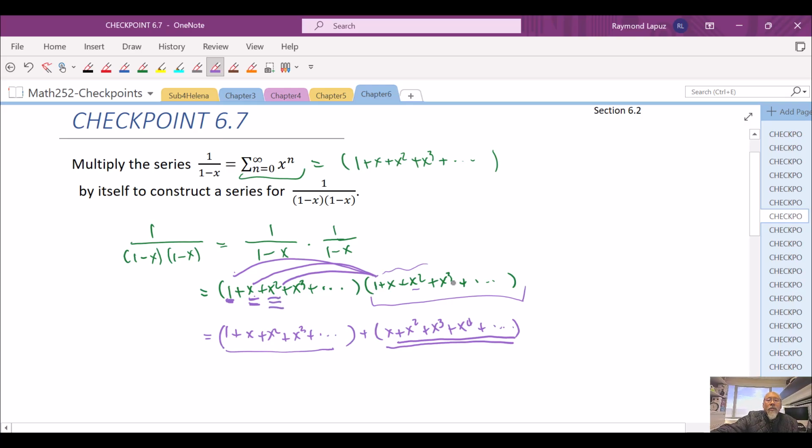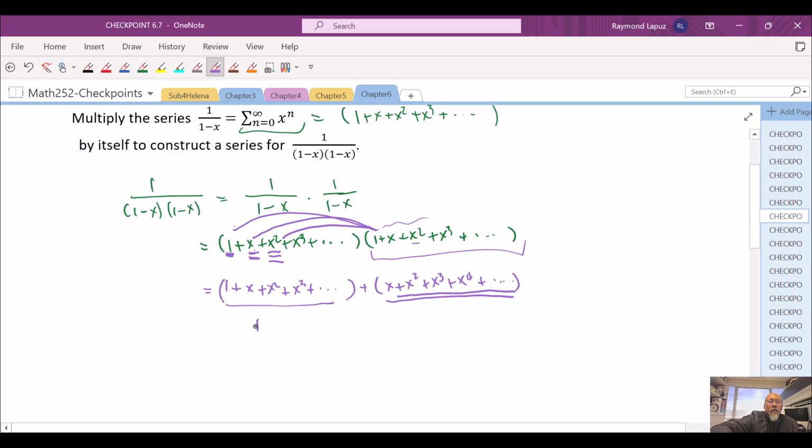So let's take this whole series and multiply it by x squared. What is that going to look like?